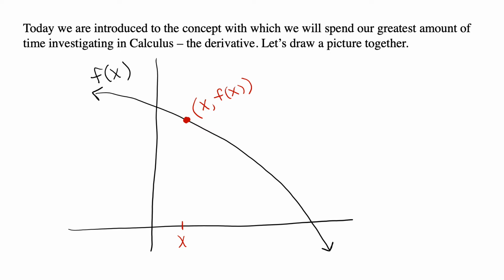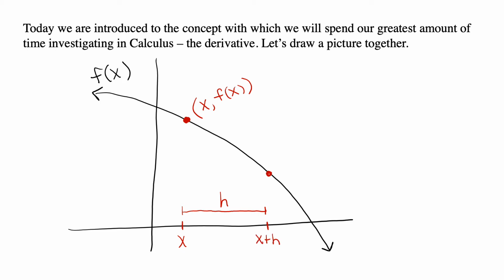I want to actually add a second point, so I'm going to add another point on my function. Now, I don't know what this x value is, but I can write it in relation to my original x value. So since I have this first x value already labeled, I can label the distance between these two x values as h, which would make my new x value my original x value plus that distance of h, or x plus h.